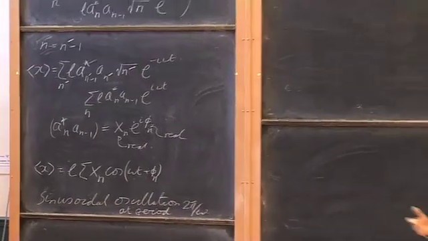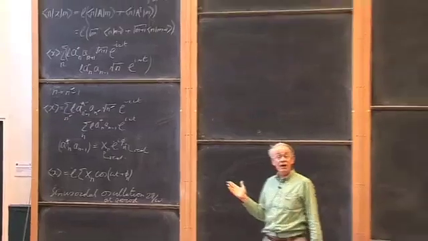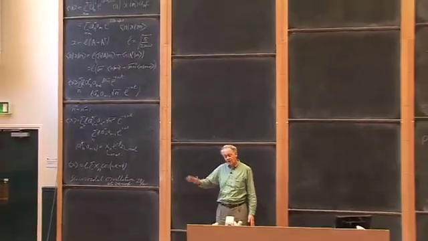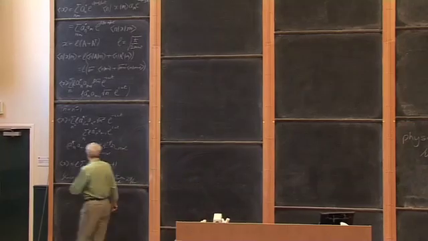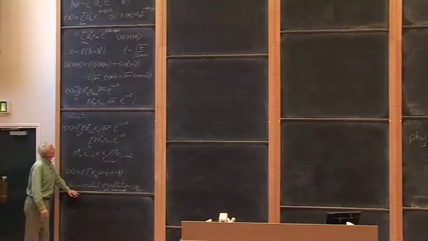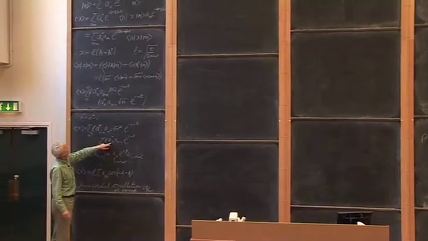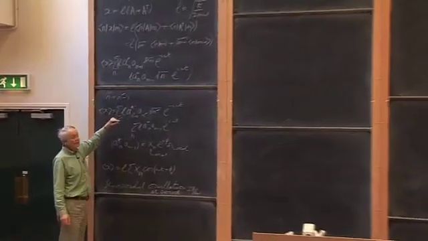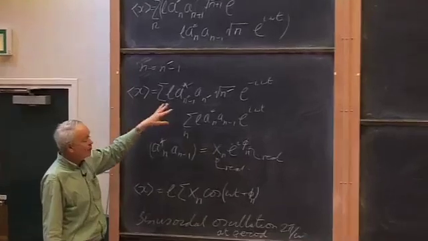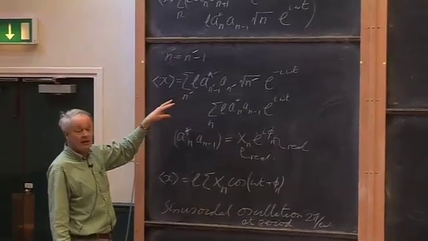So we've recovered the important feature of a harmonic oscillator, that the period is independent of the amplitude of the excitation. The amplitude of the excitation is controlled by which of these A_n are significantly large, right? Because A_n is the amplitude to have energy (n plus a half) h bar omega.